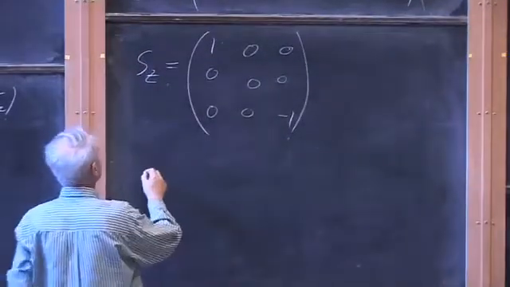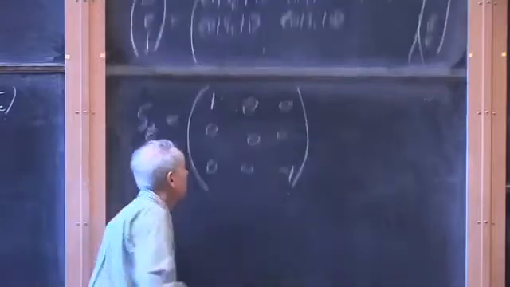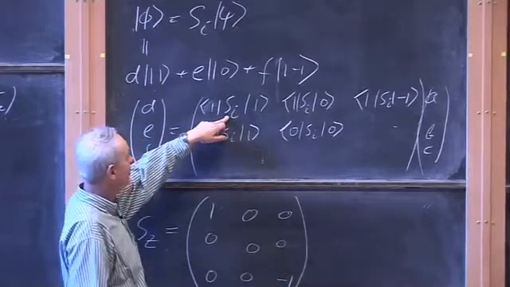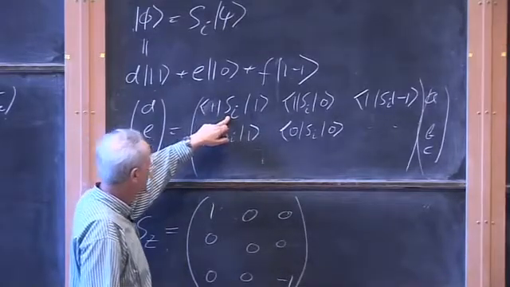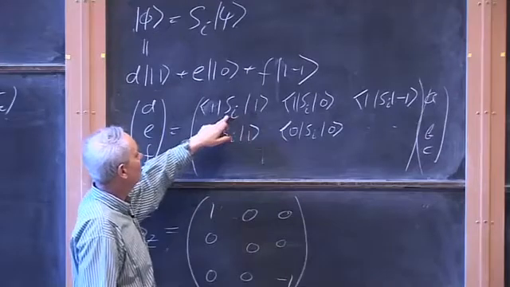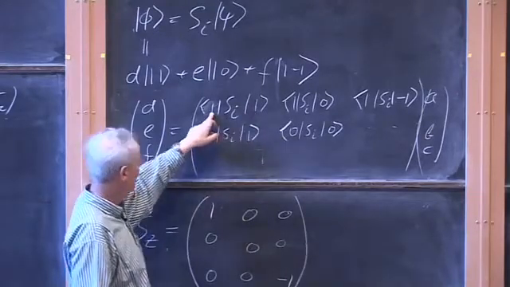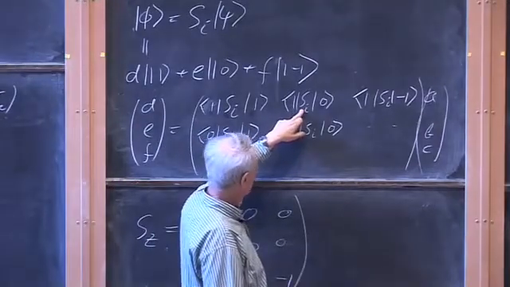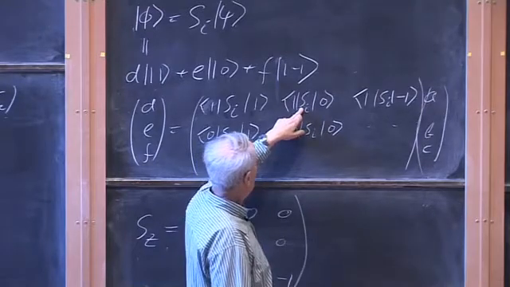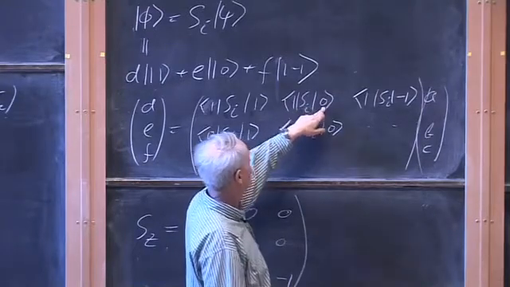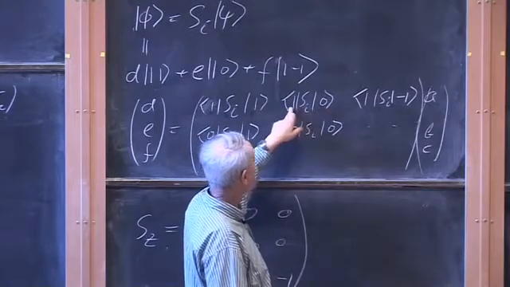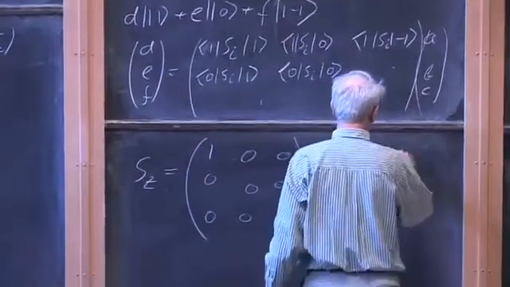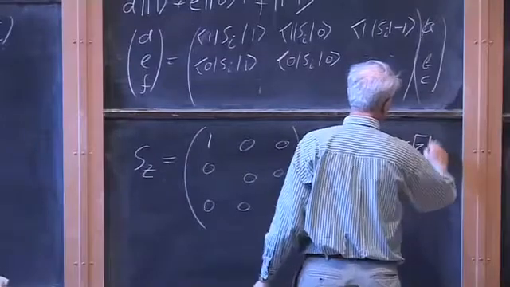When we want to work out <1|Sx|1>, we'll replace Sx by a half of S plus plus S minus. S plus will kill this. S minus will lower this to 0, which is orthogonal to this, so we'll have a naught in this slot. When we put Sx in here, we have a half of plus and minus. Minus will lower this to minus 1, which is orthogonal, but plus will raise it to this, and it will produce, in fact, root 2. We'll have that S plus operating on |1,0> will turn out to be root 2 times |1,1>.